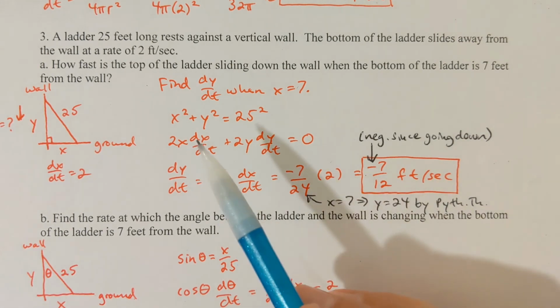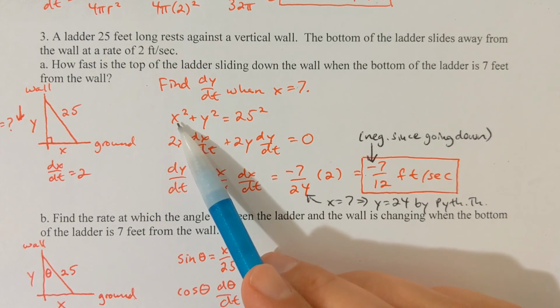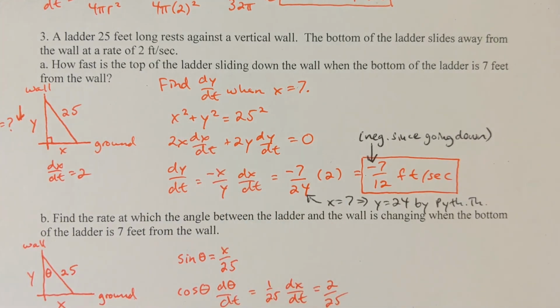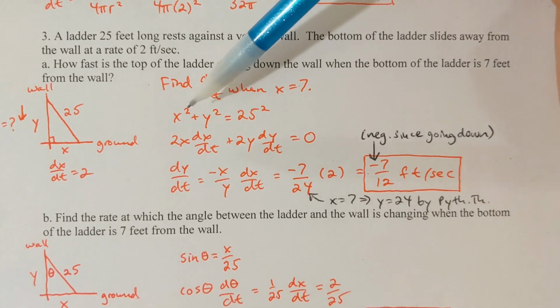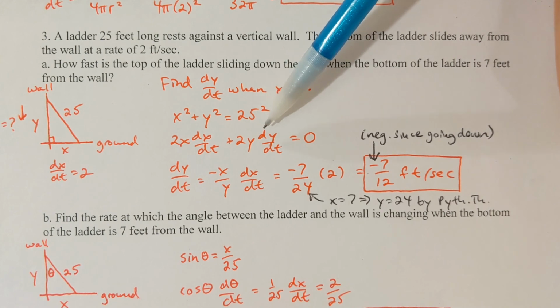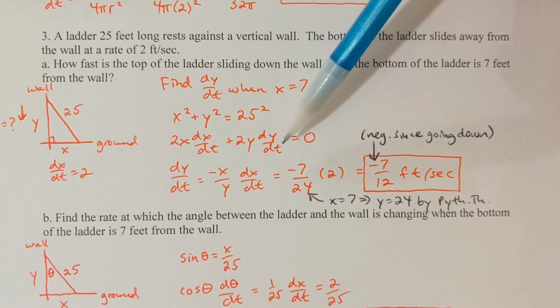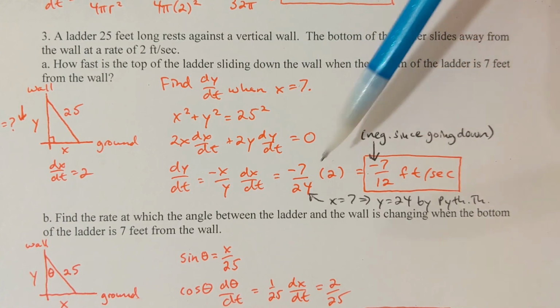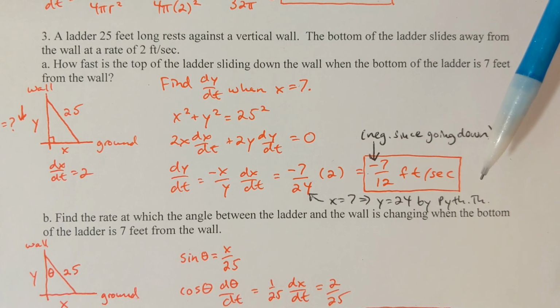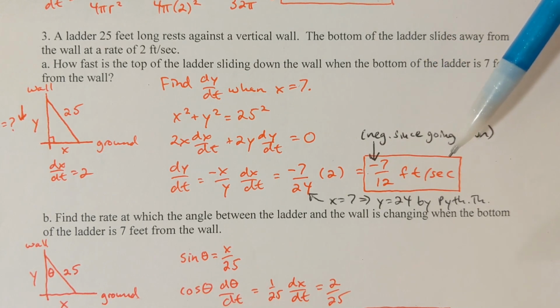But I wouldn't want to replace x with 7 until I have differentiated. If I had placed 7 in for x and then differentiated, I would have dy dt equals 0 divided by 2y, or dy dt would be 0. Zero is not the answer, right? y is shrinking, so dy dt would be a negative number. Be careful about that. I see that too much.